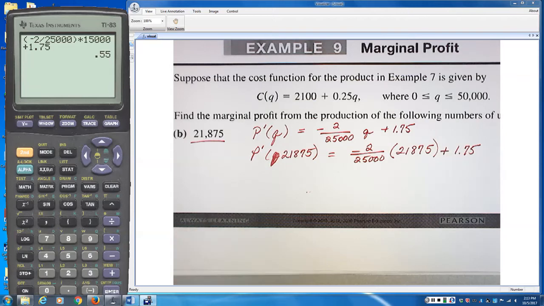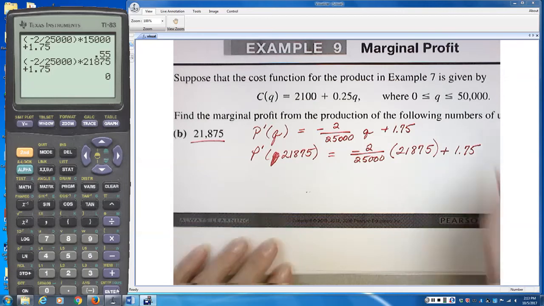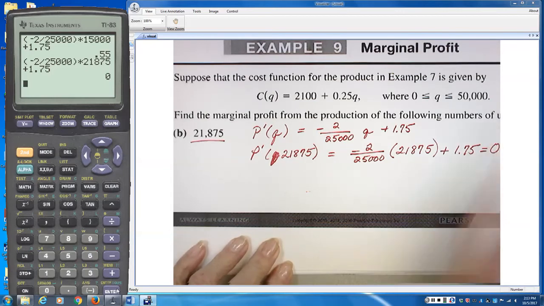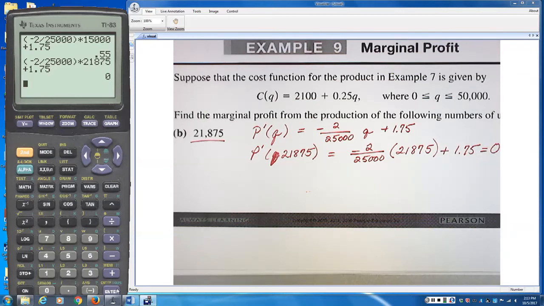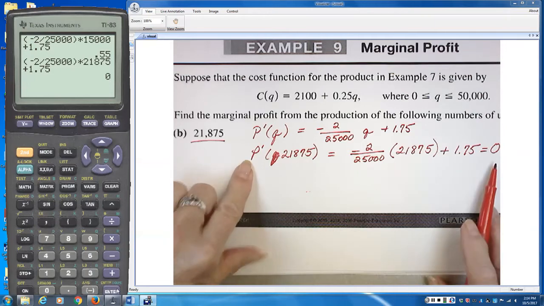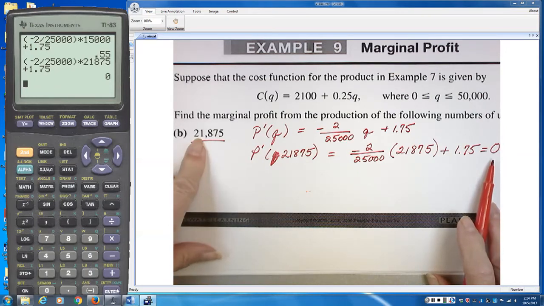When you do the math, it comes out to be 0. So if we get a rate of change of profit at this many units equal to 0, what does that mean? Your profit's not increasing. It's not increasing, but it's not decreasing.